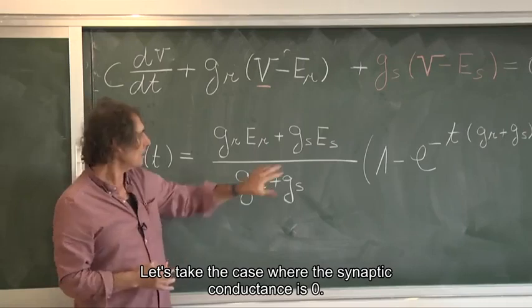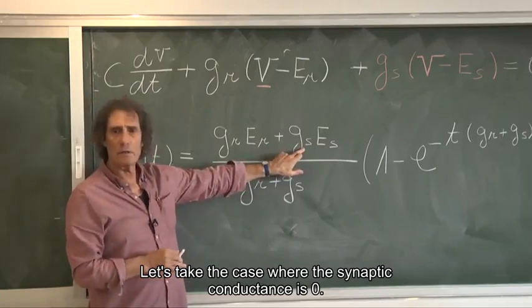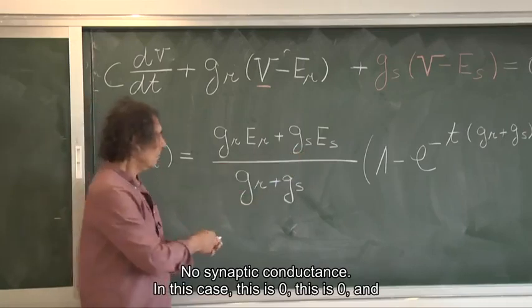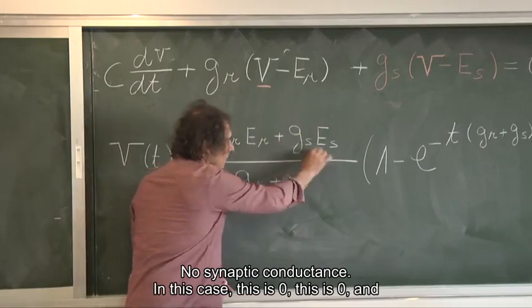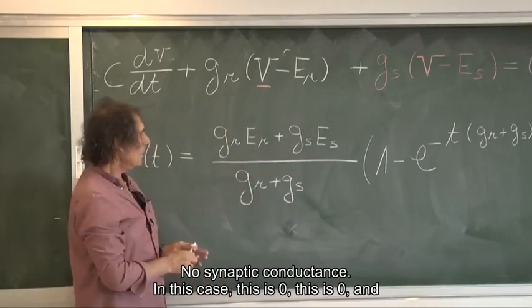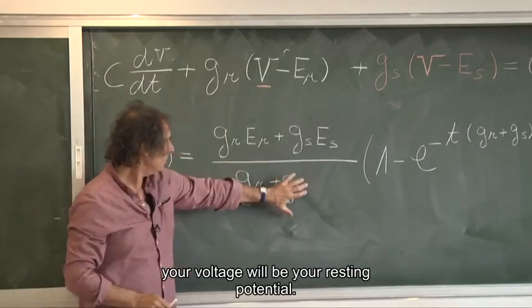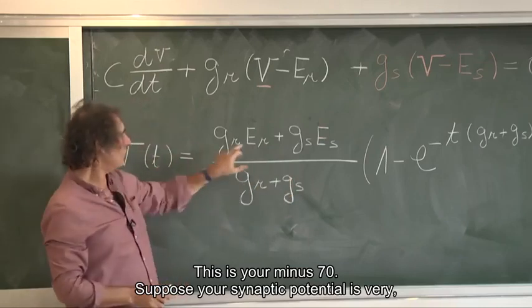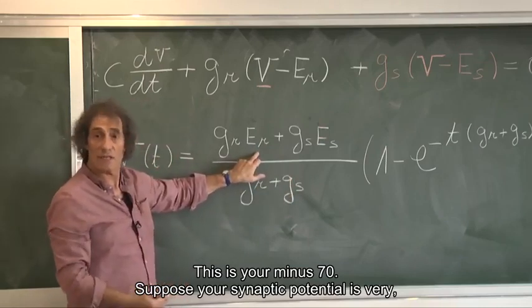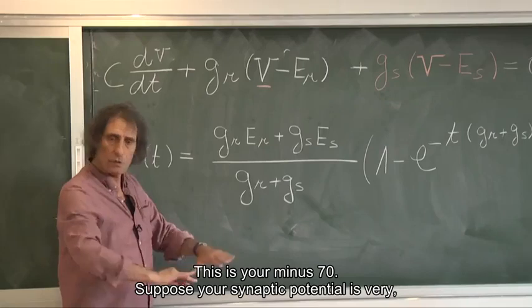Let's take the case where the synaptic conductance is 0. No synaptic conductance. In this case, this is 0, and your voltage will be your resting potential. This is your minus 70.